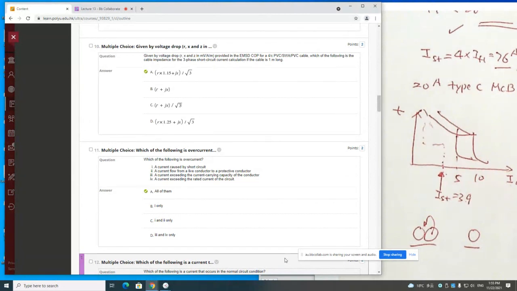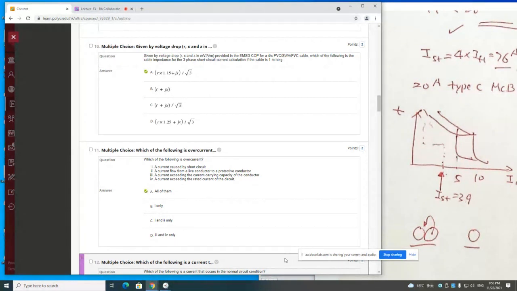The impedance given in the table is actually the line impedance, but in the fault current calculation we use the phase impedance, so we need to divide the table value by root 3. Again, the resistance value given in the table is at a temperature of 70 degrees, but in the fault condition the temperature could be more than 100 degrees.